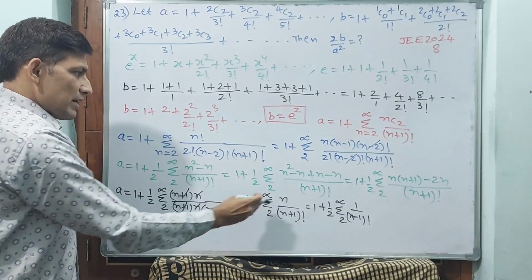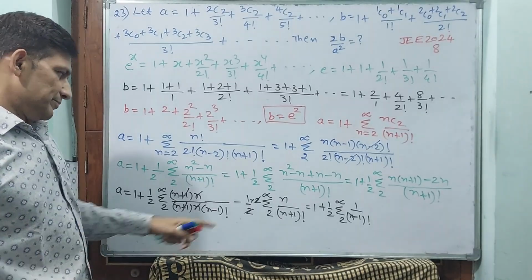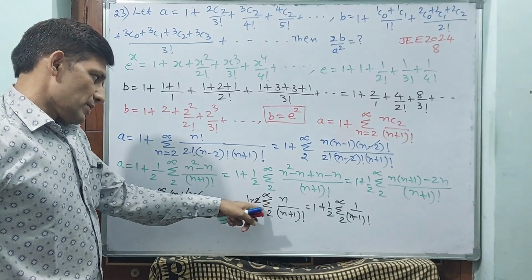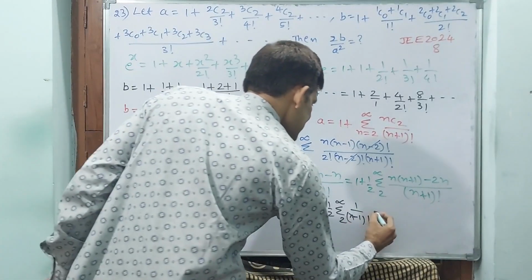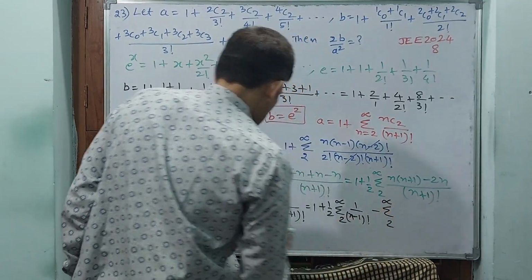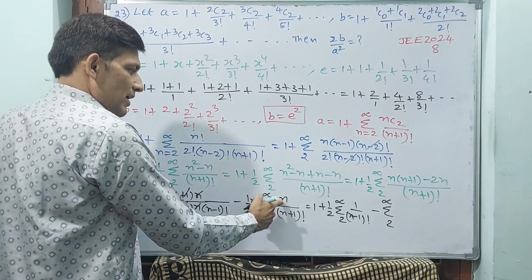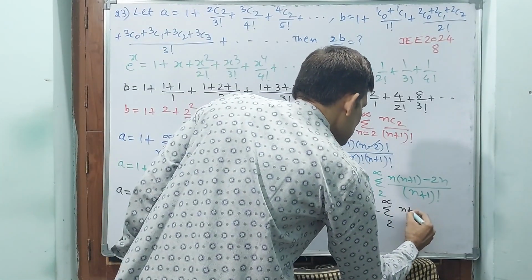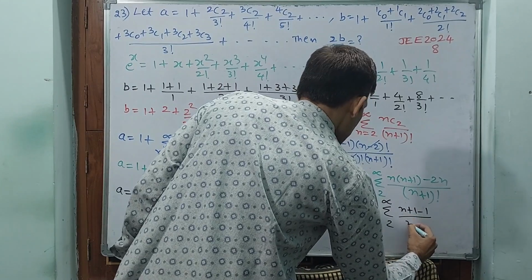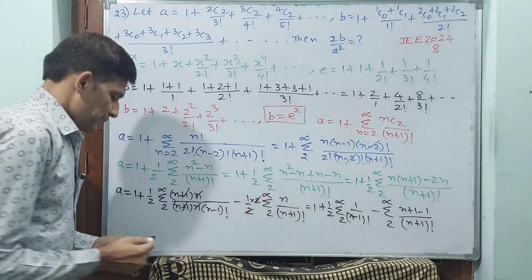And for this term you have already sent 1 by 2, no problem. And minus sigma 2 to infinity. Why? Because this 2 got cancelled already. Okay, (n plus 1 minus 1) by (n plus 1) factorial. Is it okay?